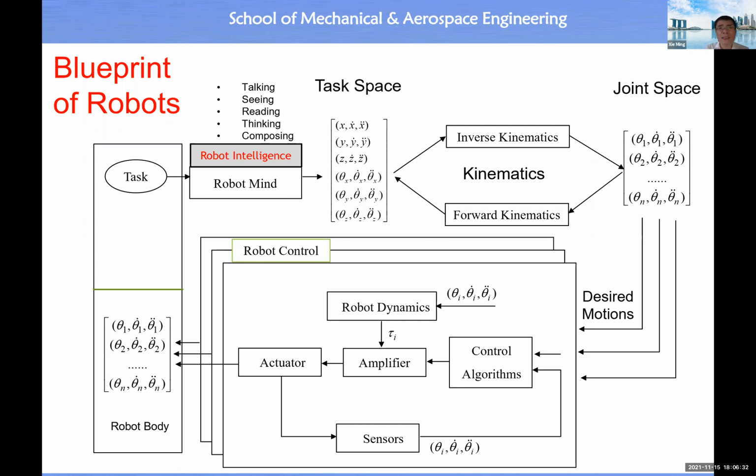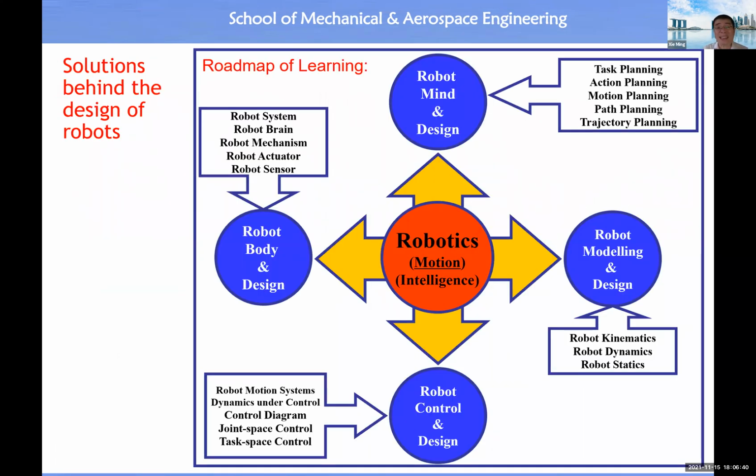So therefore, in order to master or understand this blueprint, you need to study all these topics which are categorized into 4 modules. So module 1 is about the robot's mind, module 2 is about the design of a robot's body, module 3 is about the modeling of robots, kinematics, dynamics, and statics. Module 4 is about the control of robots' motion.